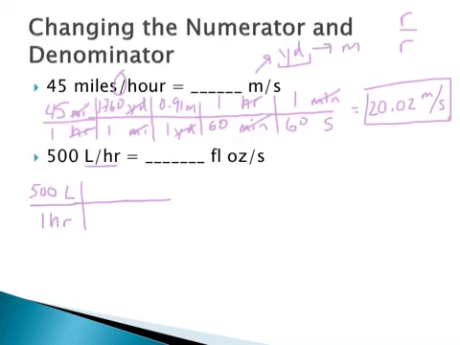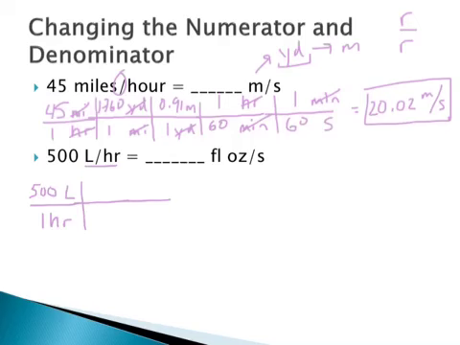A liter is a volume unit. So I want to go from metric to US. Looking at your US to metric conversions, you have the conversion of 1 gallon is equal to 3.78 liters. So now I'm going from liters to gallons.